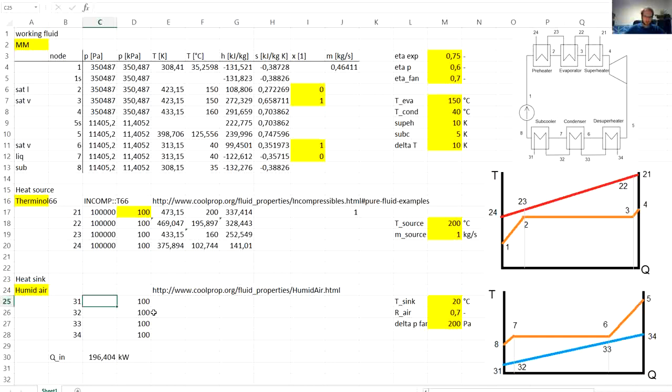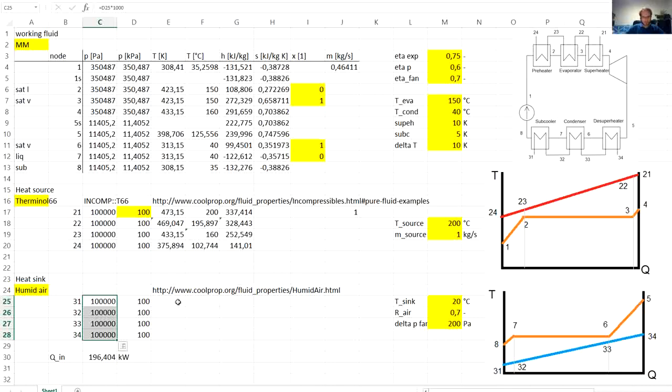We could also use the standard ambient pressure 101.323, but it doesn't really matter that much here. Now the specified temperature of the ambient air is at the inlet of this air condenser, of this heat exchanger.